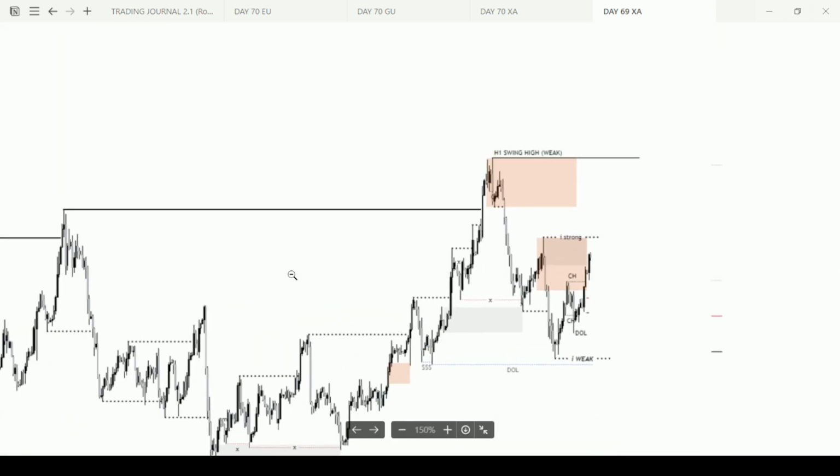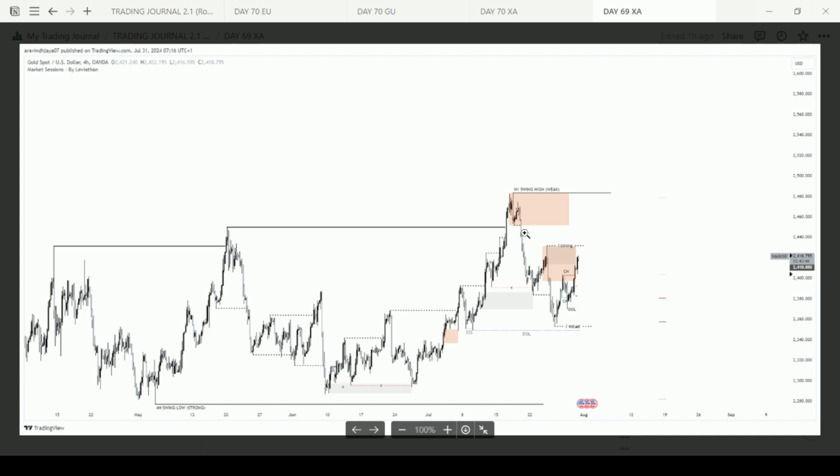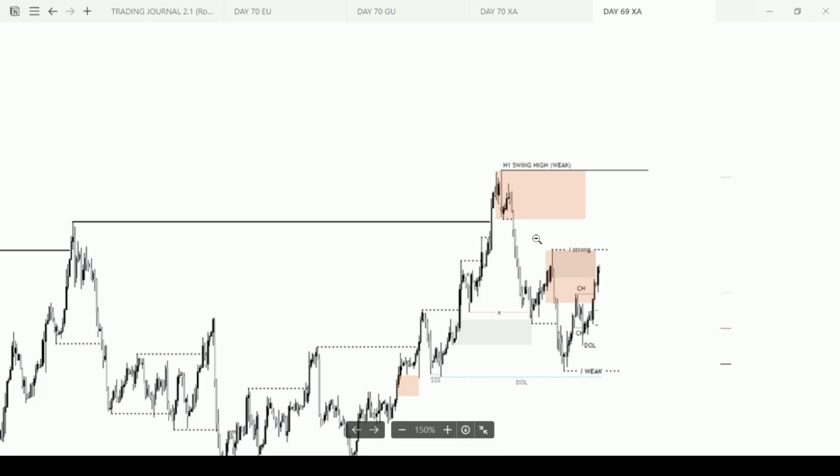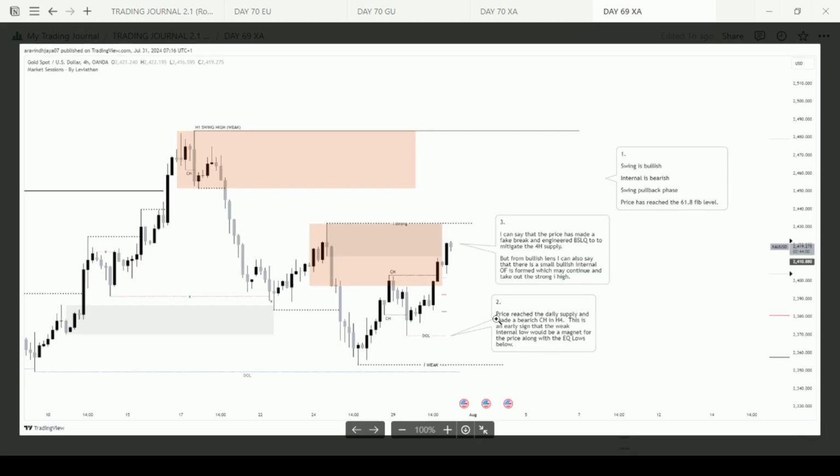So this is the 4-hour chart where you can see the breakout structure, and the swing is bullish and the internal is bearish. This is the current internal range that I was dealing with. If I zoom in, you can see this is the 4-hour internal structure that I'm dealing with, and the fractal structure is also bullish.